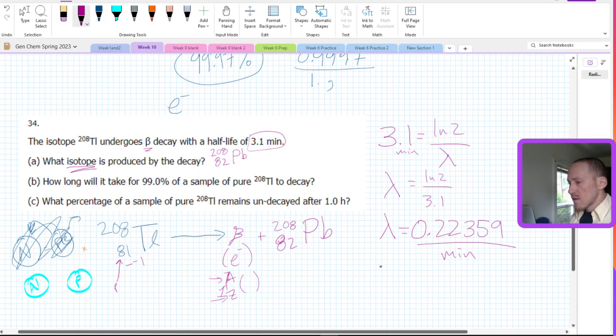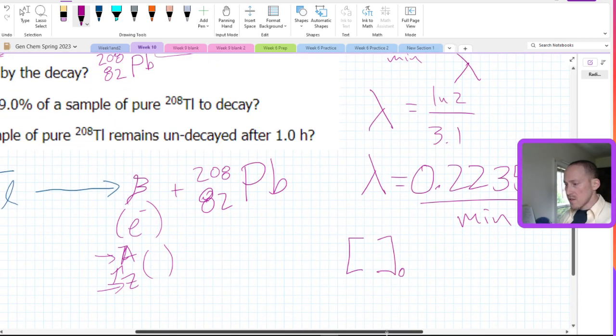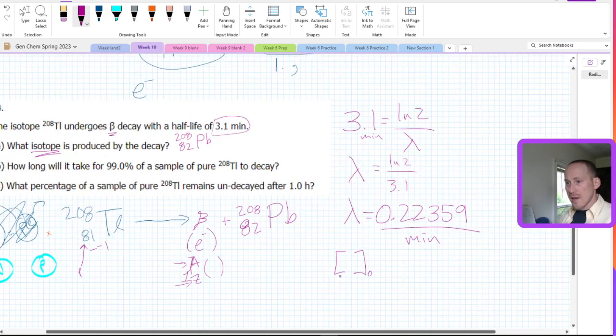So if our initial concentration, initial, you do that little 0 right there for not, is, let's call it 100. And the final concentration is, so it's going to decay, 99% is going to decay.